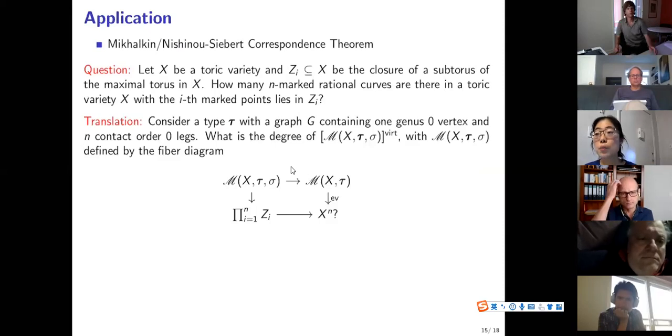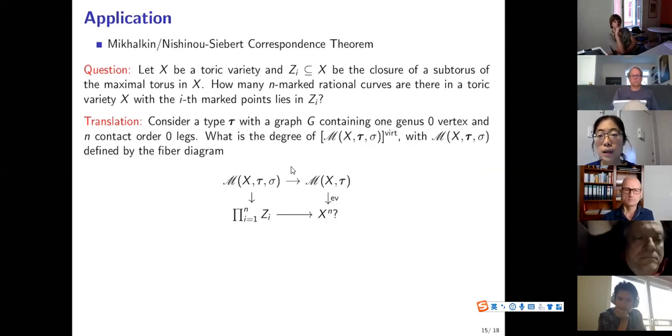I will present a first application of this, which is a reproof of the Nishinou-Siebert correspondence theorem. Let me recall the theorem.